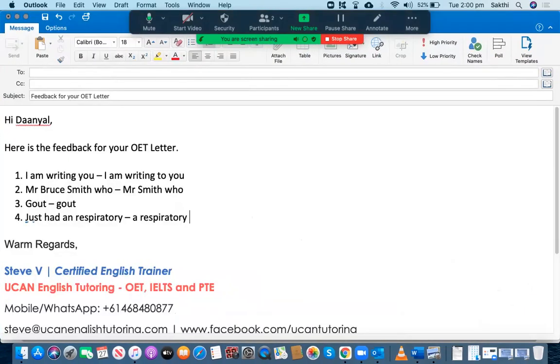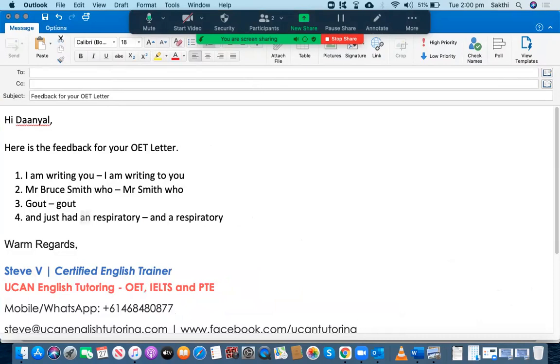Okay, just had must be removed. And you said respiratory has an, which sound? Okay, I will tell you. So respiratory doesn't start with the vowel sound, isn't it? So only the word that starts with the vowel sound needs the article an.